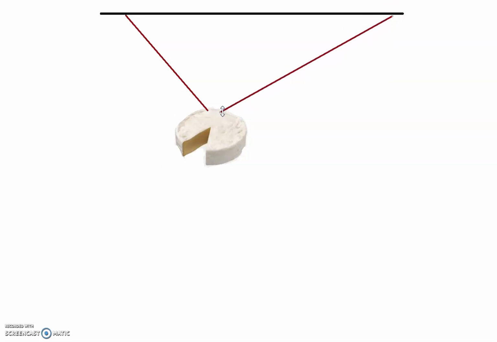Let's say we got a 5.5 kilogram block of cheese. Let's say this is at 68 degrees right there, and let's say there's 46 newtons of tension in that cable, and I want to know what is the tension in my second cable.